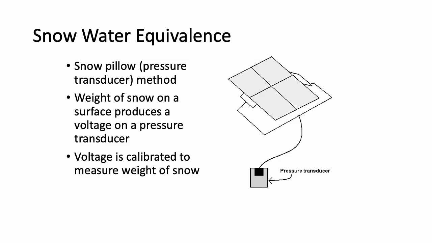It's installed in the ground before it snows, and you have this electronic pressure transducer that's hooked up to power, and when snow falls on these steel plates, it registers a voltage, and then that pressure transducer is calibrated to turn that voltage into a snow water equivalent measurement. And essentially it's the mass of snow, the weight of the snow on that steel surface produces a voltage and returns the weight of the snowpack.